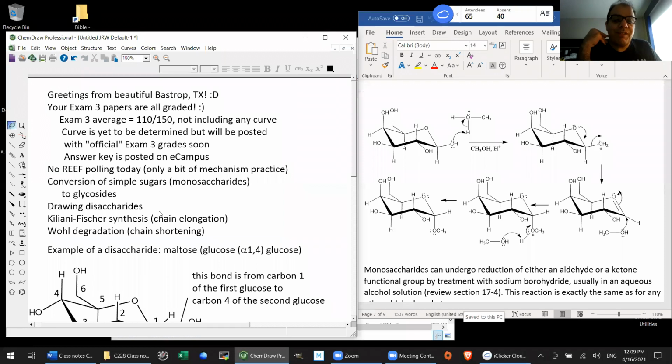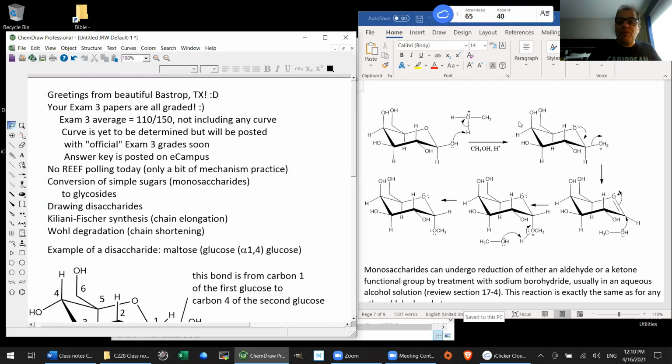And last but not least, there are 2 processes that I want to make sure we cover that are used a lot in the industry, at least so I'm told. I'm not a carbohydrate chemist. They involve manipulation of carbohydrates, by which we can either extend the carbohydrate chain by 1 carbon, or we can do the opposite. We can also chop off a carbon.